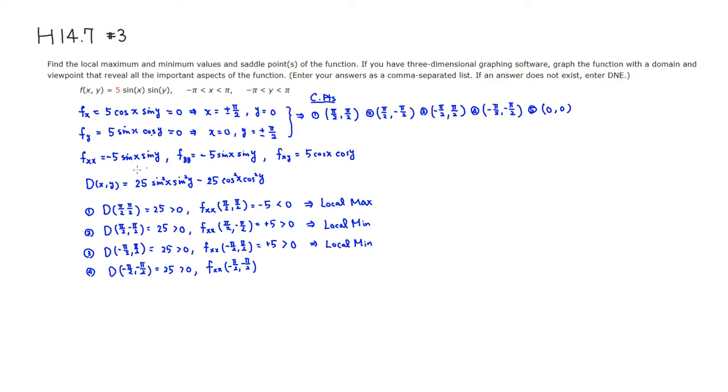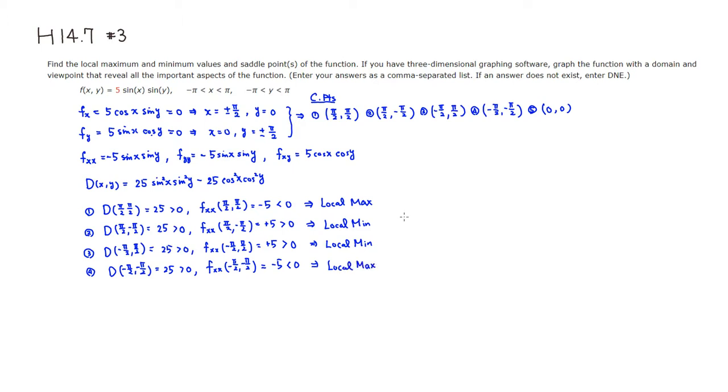You can see that it's going to be negative 5. Then you have negative 1 times negative 1, so it's going to be negative. If it's negative, that means you have a bowl facing down, so we have local maximum.